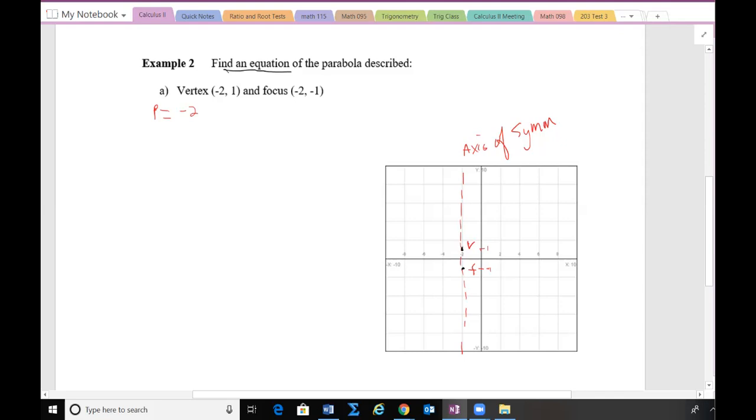So that tells us a lot about our equation because it's going downwards. So we're going to have x plus 2 equals negative 4 times that 2.